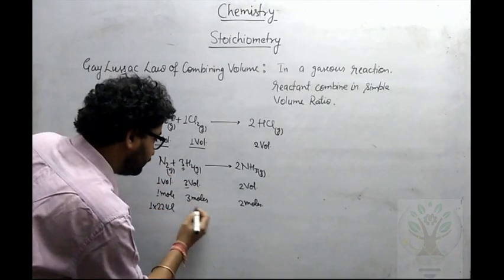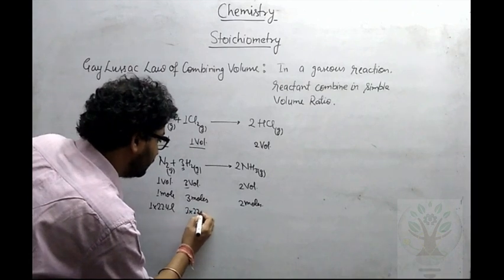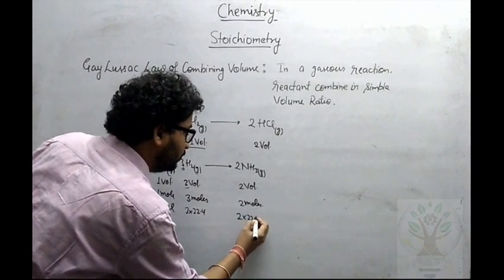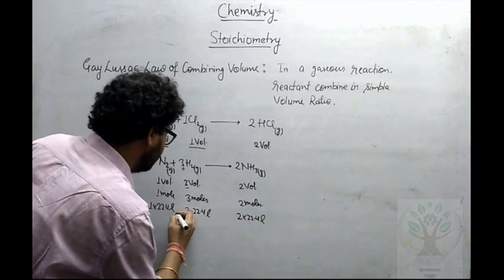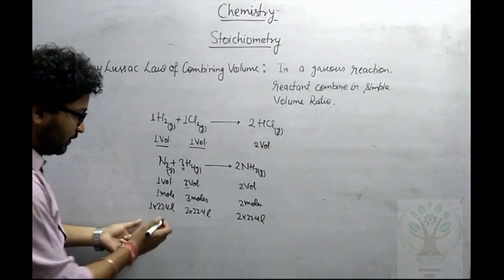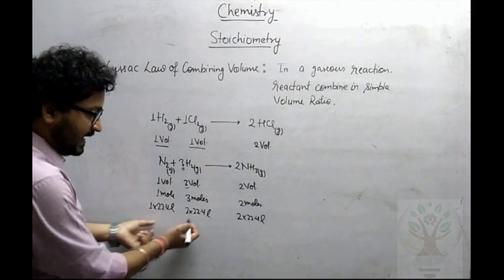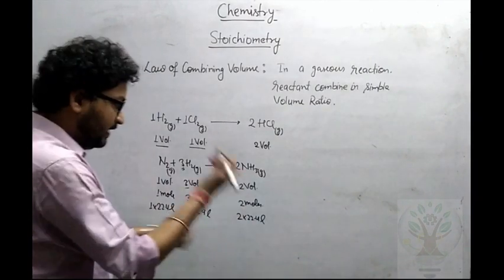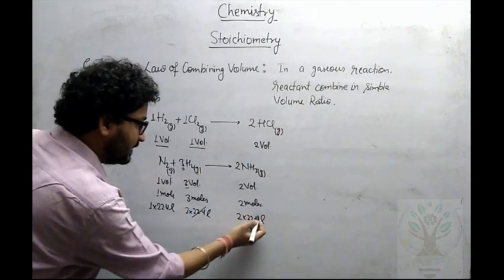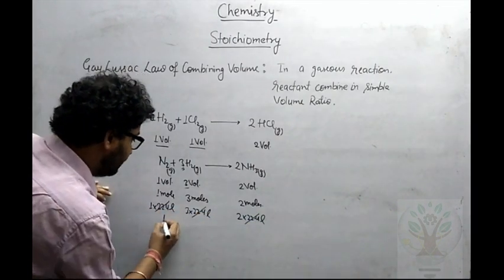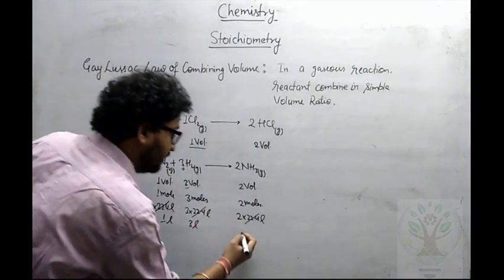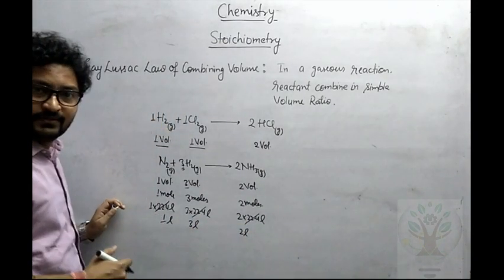What is the volume of H2 required? 3 into 22.4. And the volume of NH3 formed is 2 into 22.4 liter. Now I hope you can see that 22.4 can be cancelled out. So 1 liter of N2 will react with 3 liter of H2 to give us 2 liter of NH3.